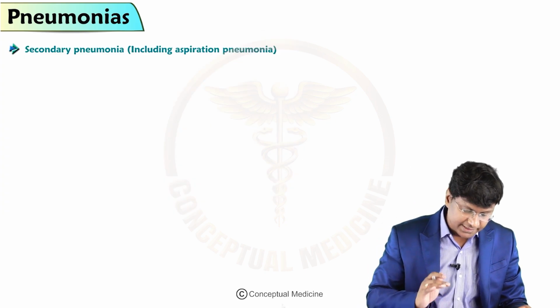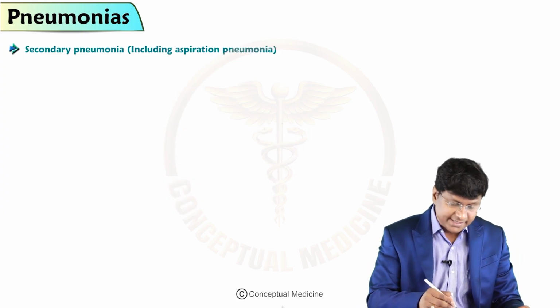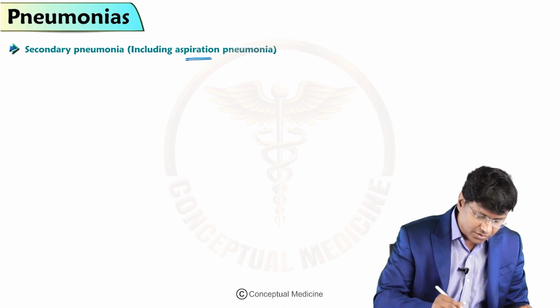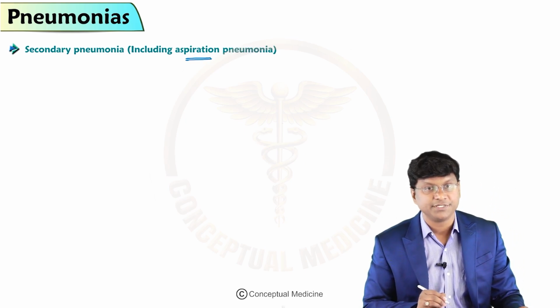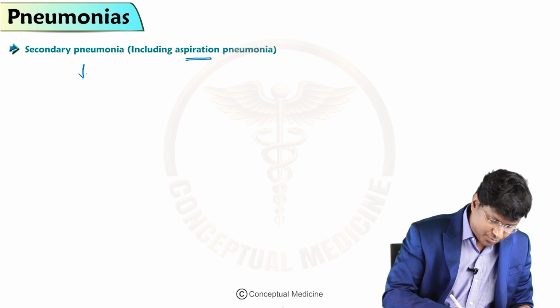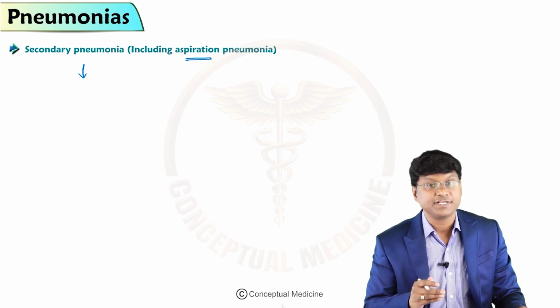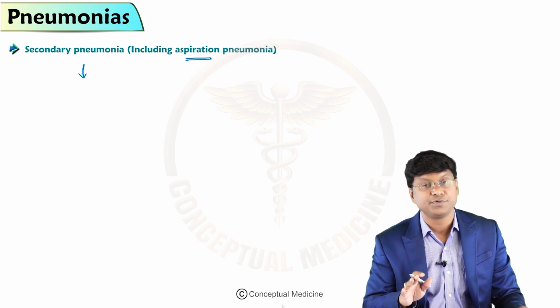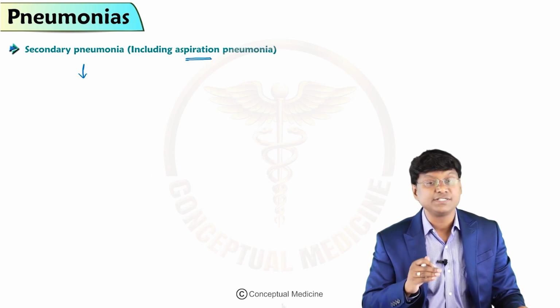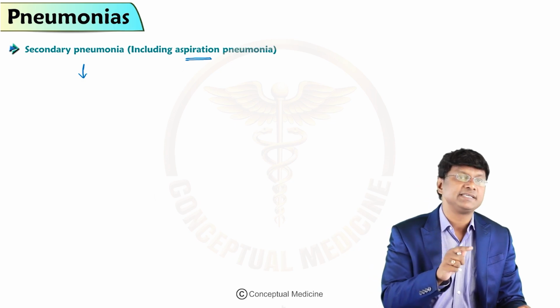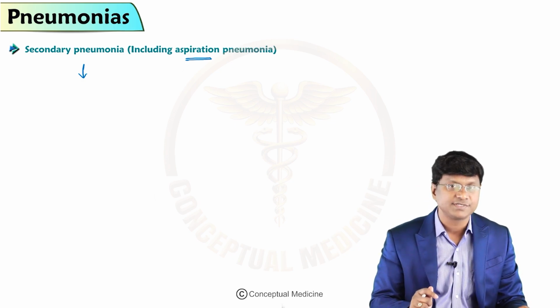Then the secondary pneumonias, also called aspiration pneumonia. Secondary pneumonia is characterized by the absence of any specific pathogenic organism in the sputum and the presence of some pre-existing abnormality of the respiratory system.